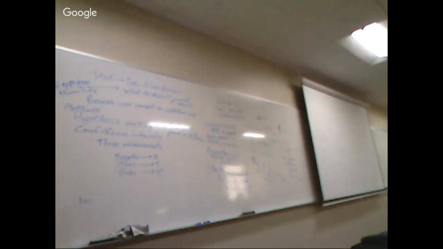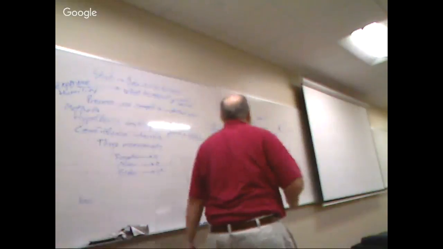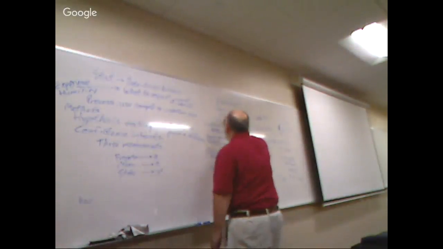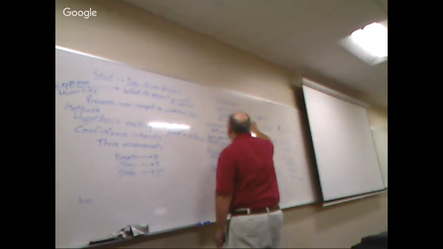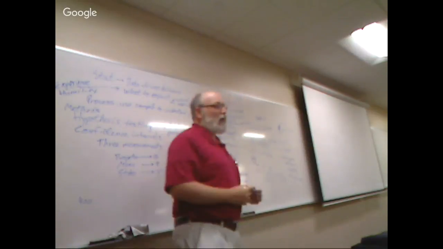So what else do I say when I say there's not enough evidence to prove something? It could be a random fluctuation also. No decision. Okay. There's not enough evidence to prove this. No decision. It could be a random fluctuation. Okay.